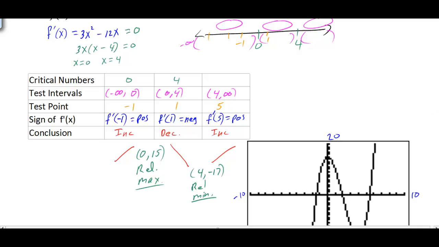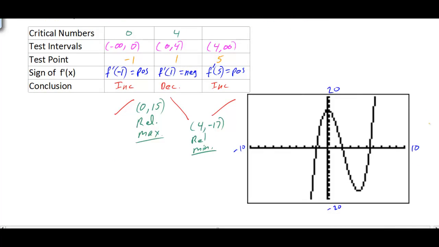And you can see this a little bit better if we look at the graph of our function. Down here on the right, we have the graph of our function, and you can see that our graph is always increasing here on the left until we get to our relative max, where we have our critical number, and then it continues to decrease until we get to our relative minimum here, which again is where we had our critical number. Okay, so this is our relative max at 0, 15, and our relative min at 4, negative 17.